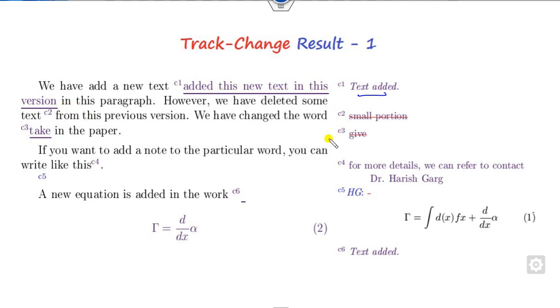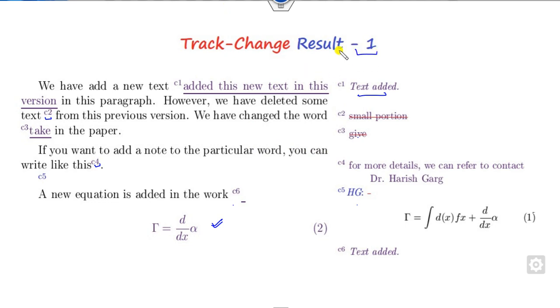I have deleted this small portion from here. I have replaced the word give with take. I have put up a note on this. I have added the new equation in the manuscript. I have deleted this equation from the manuscript. You have to highlight all those changes in the revised manuscript during the submission.